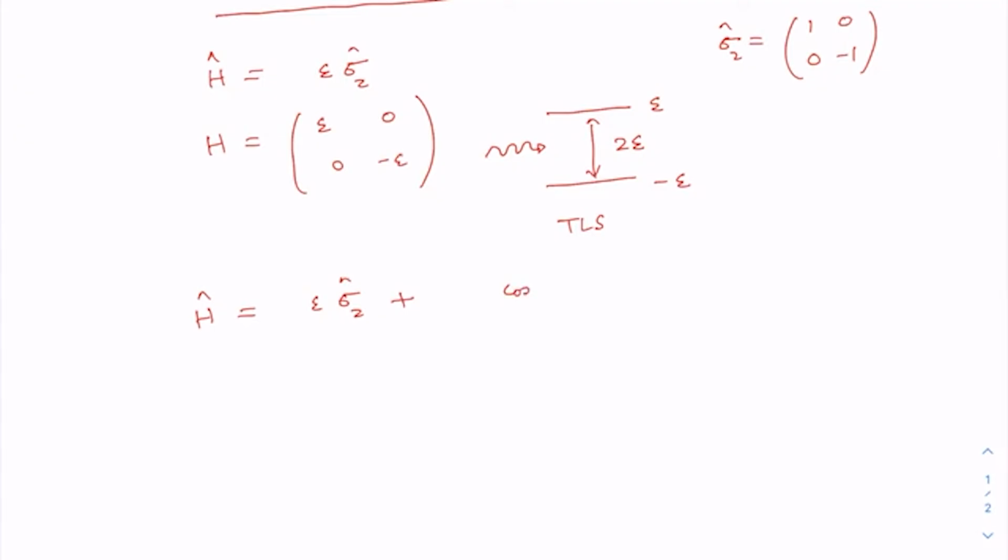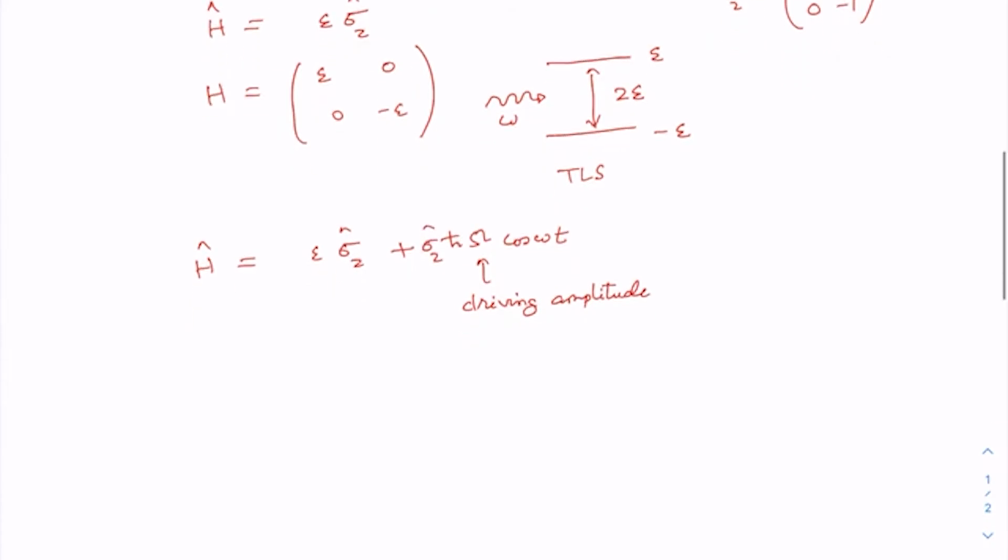Suppose we are applying a sinusoidal wave like cos omega t, so this driving has frequency, say omega, the driving frequency, and it has to have the dimension of energy. So let us say it has energy h cross omega, where omega is the so-called driving amplitude, and it has to be a 2 by 2 Hamiltonian again. So let us say I have sigma z.